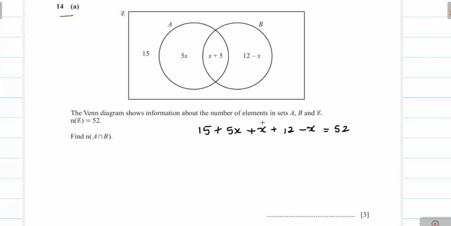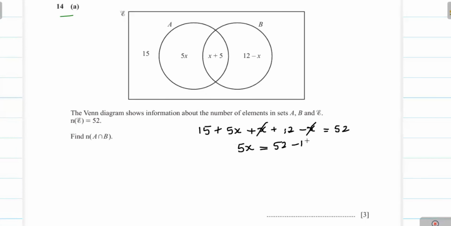Here, if we simplify this equation, x will be cancelled. Now the 5x equals 52 minus 15 minus 12, and this will be equal to 25, and x will be equal to 25 over 5, and this is 5.